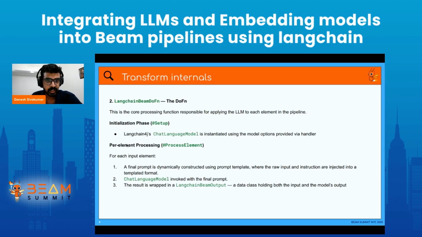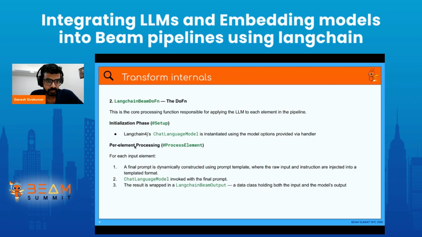Chat language model is part of Langchain Java. It is a base class for interacting with various model providers. It provides methods for calling the model, and it handles all the inference logic. We would utilize this chat language model object in the process element to call the model.